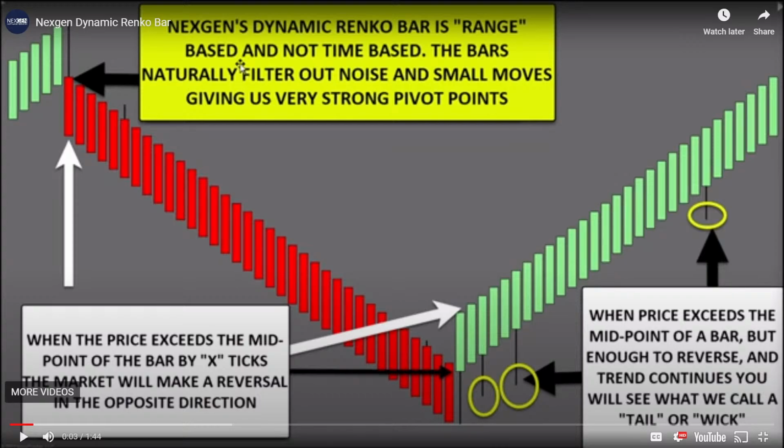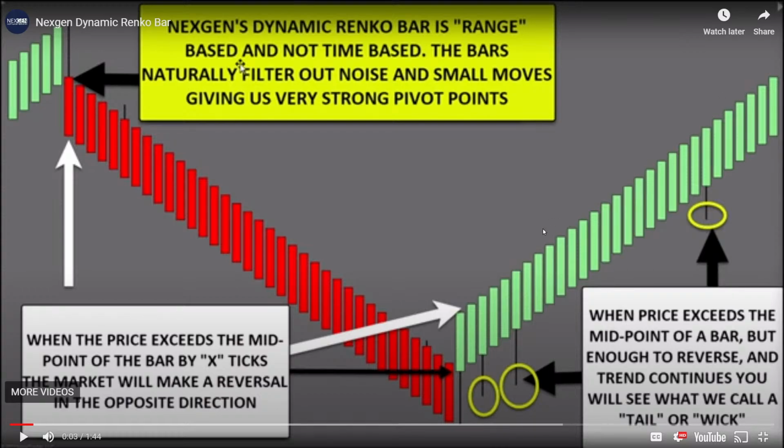But you essentially have, let's just say, a 13-2 bar. It means that the body of the bar is always 13 ticks, 13 ticks, 13 ticks. And you have to have double that size to flip it around to go the other way. So then you have 13 ticks, 13 ticks, 13 ticks. And the 2 in the bar, like a 13-2, means that for every 2 new ticks in the upward direction, you'll make a new bar.